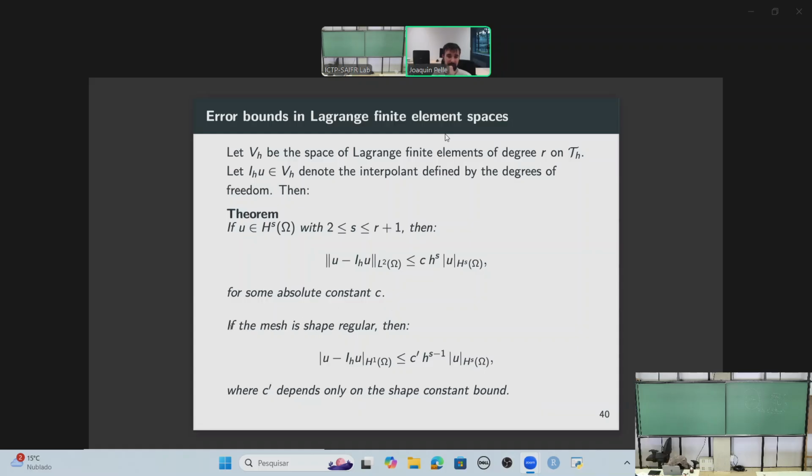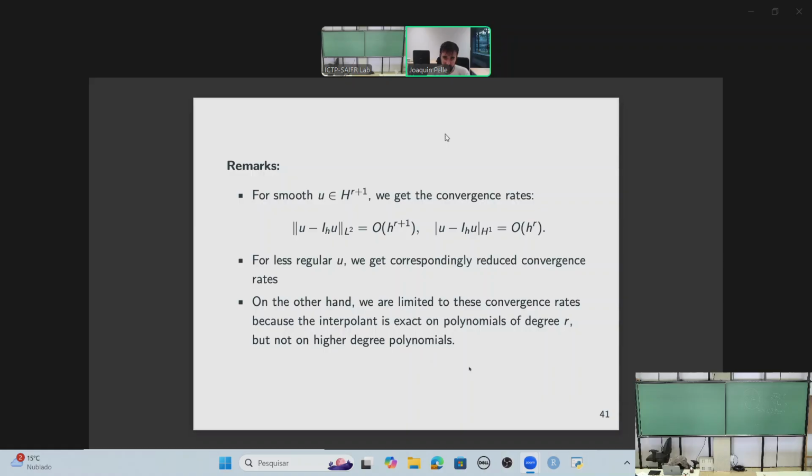And finally, if the mesh is shape regular, then we can also apply the other bound in very much the same way. And for the H1 seminorm, here we get a convergence rate of 1 less degree than for the L2 norm. So yeah, a few remarks.